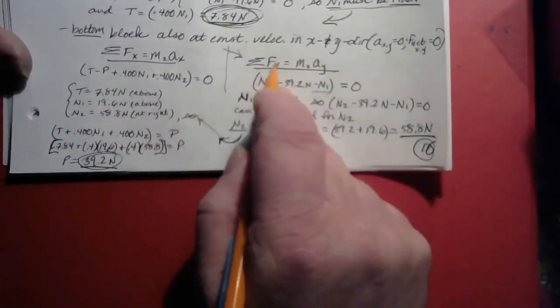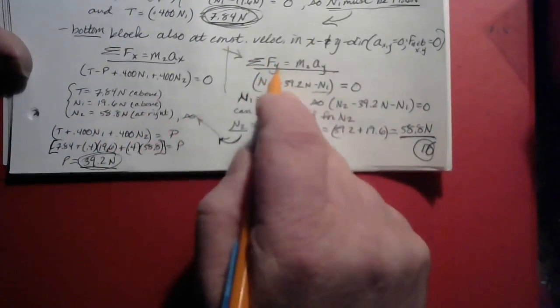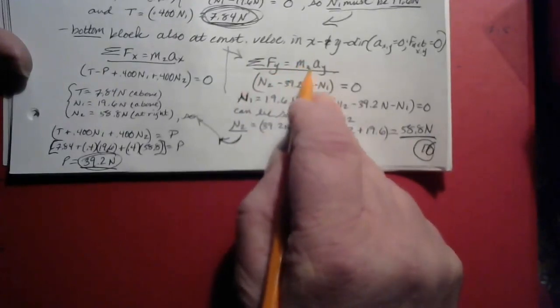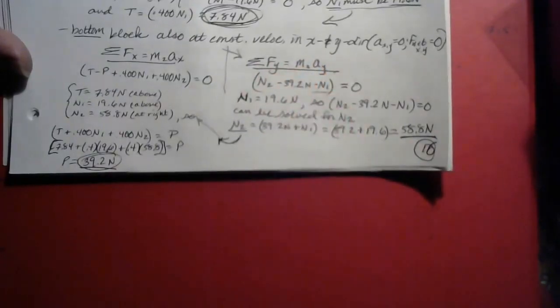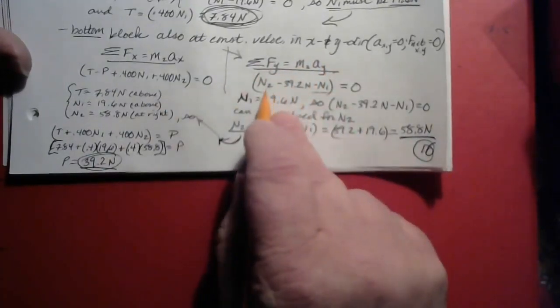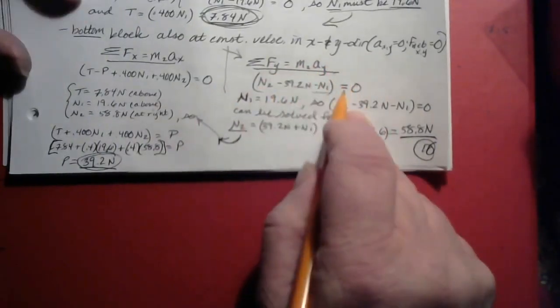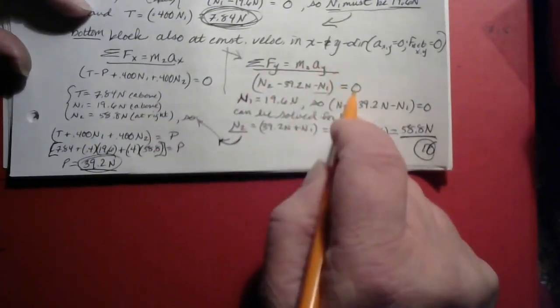If we sum up all of the forces in the y direction on the bottom box, that should be equal to the mass of the bottom box times its acceleration in the y direction. And that should be equal to 0 because, again, it's not accelerating in the y direction. So a equals 0, and therefore, m times a equals 0.